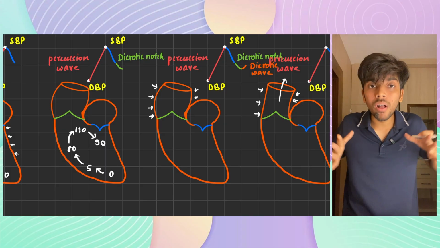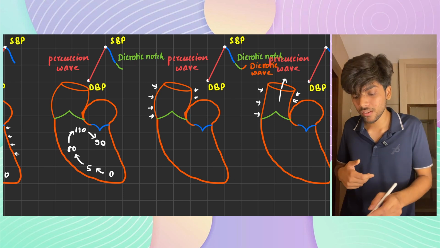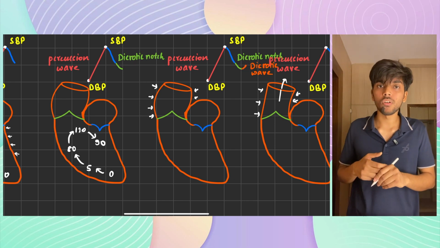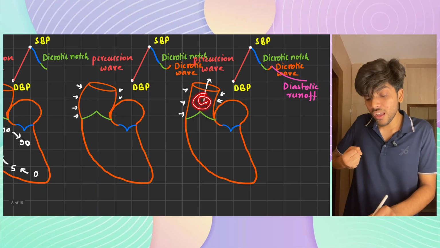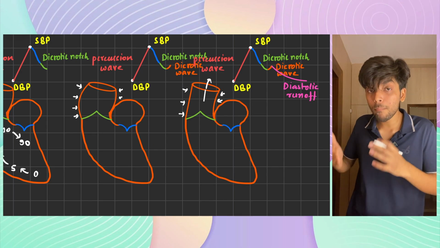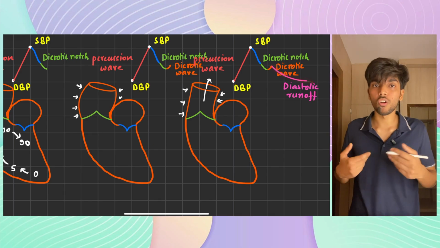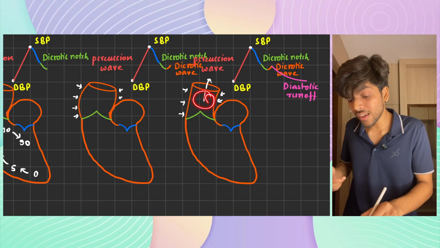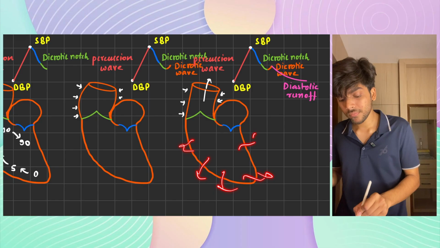As the aorta recoils back, it squeezes the blood inside and transiently increases the pressure, which is represented by the dicrotic wave. Then it squeezes all the blood from inside the aorta to the periphery. So there is again a fall in pressure inside the aorta back to diastolic blood pressure, which is represented by diastolic runoff, because the blood inside the aorta is running away to the periphery while the ventricle is going through diastole.